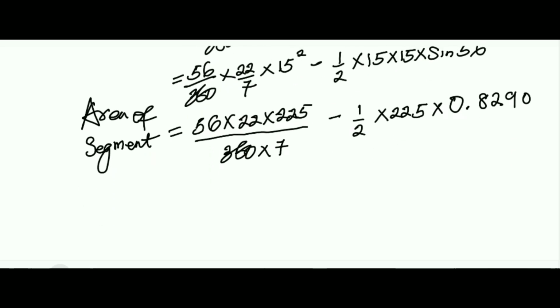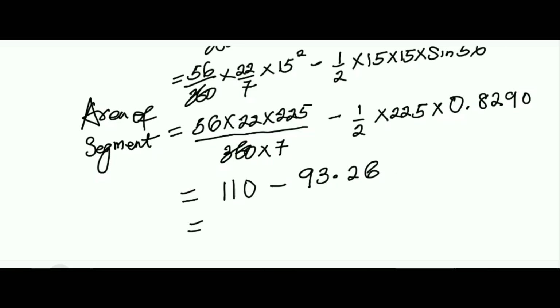Alright, so we're going to multiply all of this once now, and then we get our answer. So 56 times 22 times 225, and then divided by 360 times 7. So this is 110 minus 225 times 0.8290 divided by 2, and so this is 93.26 to 2 decimal places.